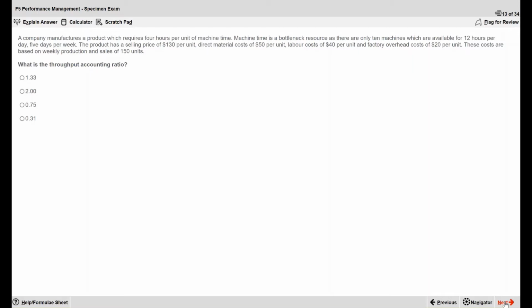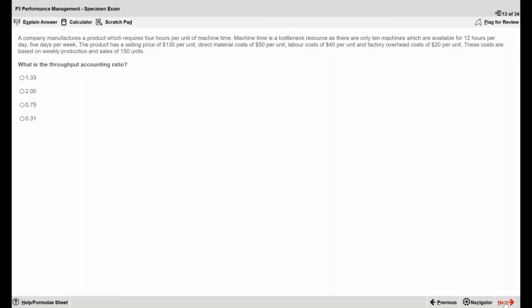so let's see. A company manufactures a product which requires 4 hours per unit of machine time. So this is machine time. I would expect this to be a bottleneck, and we saw that it was a bottleneck. Machine time is a bottleneck resource, as there are only 10 machines available for 12 hours per day, 5 days per week, which will give us total machine time.